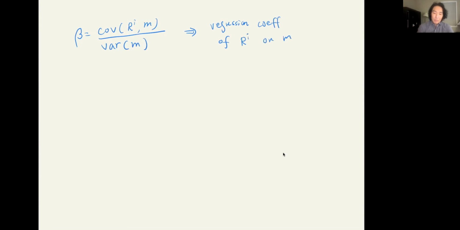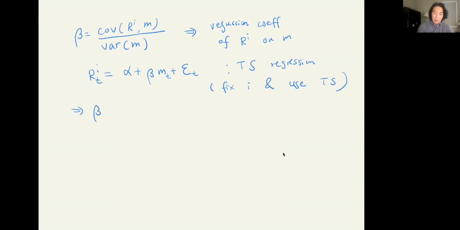In other words, if you have return i, you regress it on the stochastic discount factor using this time series regression. In other words, you fix i and use time series relationship, and then you get beta i. You should have beta i here, okay, and that's basically the expression given above.